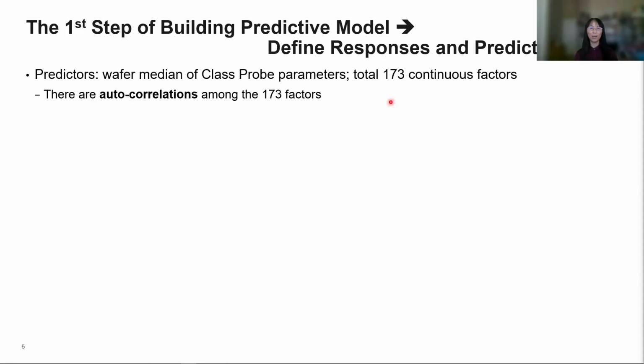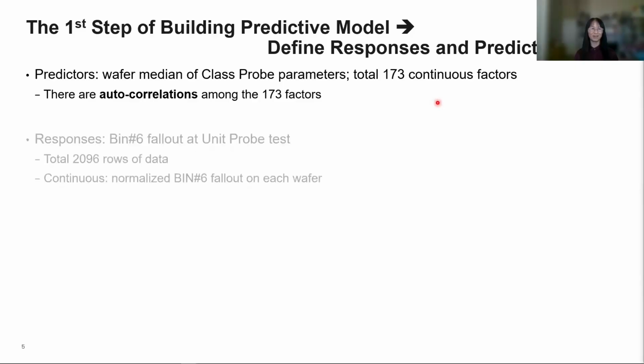We have a total of 173 continuous factors here. They have some autocorrelation among those 173 factors because for a transistor, we are going to extract the threshold voltage, the Idsat drive current. So there's some autocorrelation among those 173 parameters.